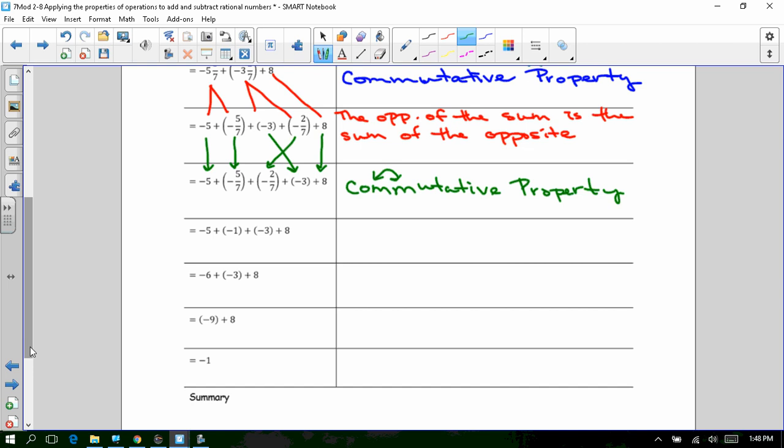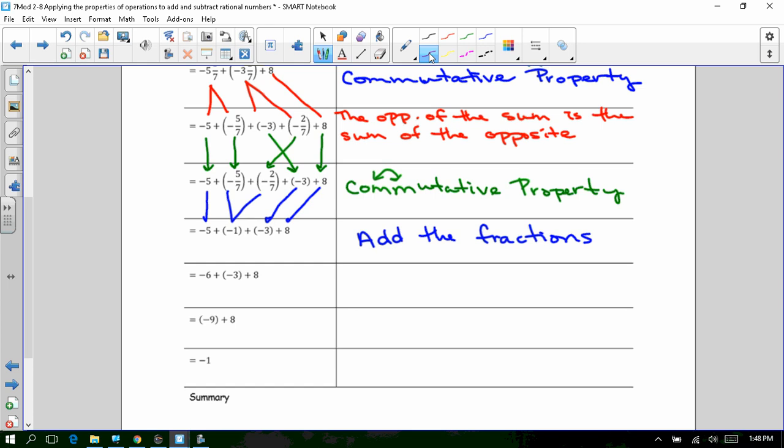All right, now what did he do? -5 stays. But where'd that -1 come from, right? The 8's there. Where'd the -1 come from? The -1 came from adding those two. He added the fractions. Okay, then what happened?